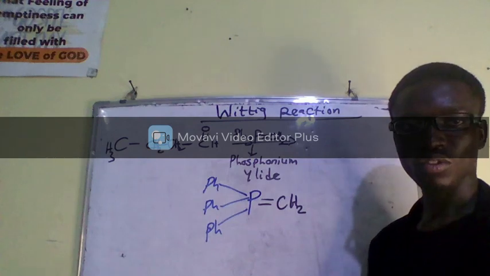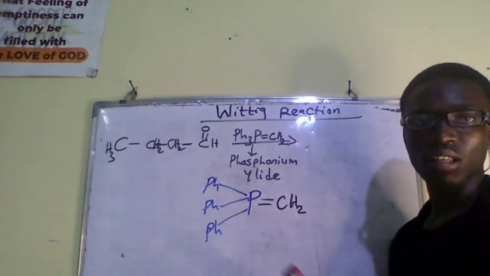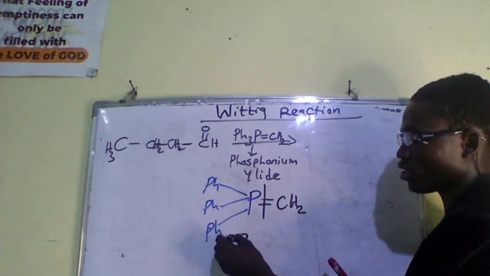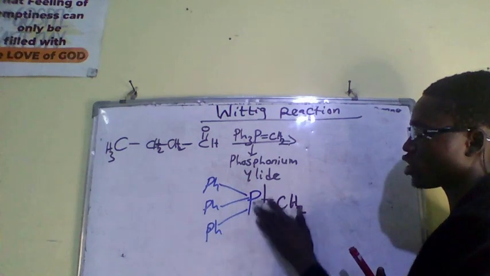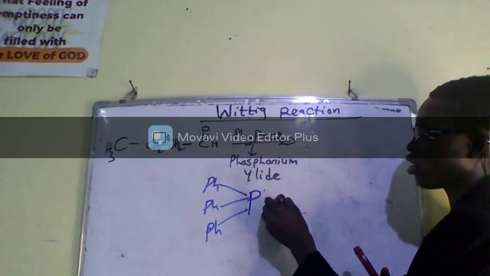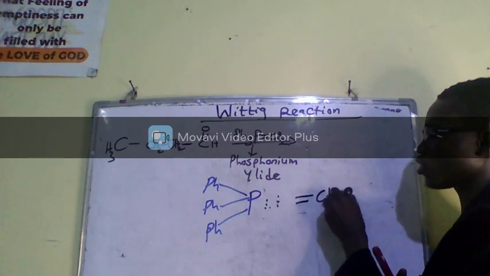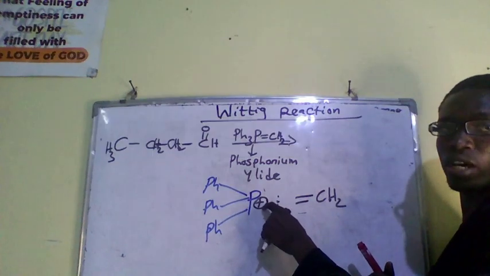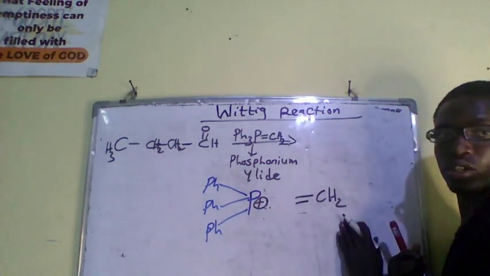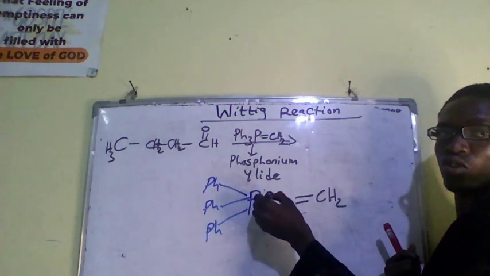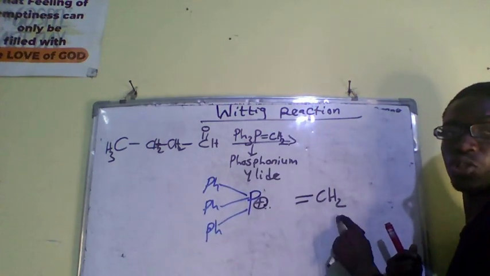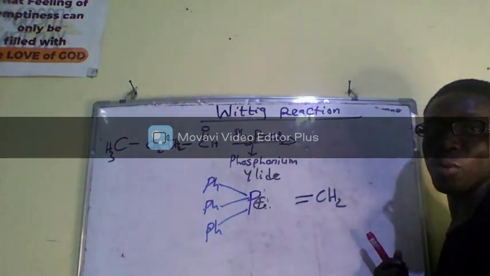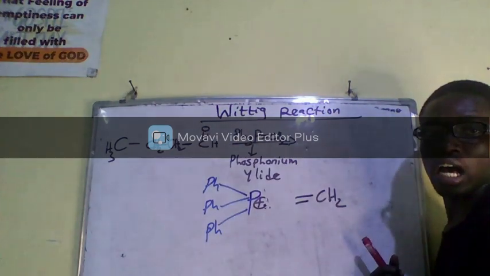Now, how will it happen? This phosphonium ylide will dissociate into two parts, which will be like this, with the phenyl groups still attached. When they dissociate into two, the double-bonded CH2 will dissociate such that this is how they become. Then they will show a positive charge because we have broken the bond. Now, the molecule that has been dissociated from this double-bonded CH2 will go and attract the double-bonded oxygen from this alkanal.